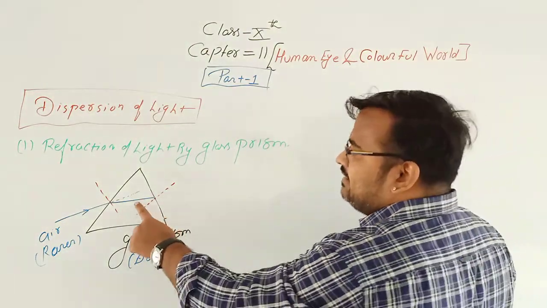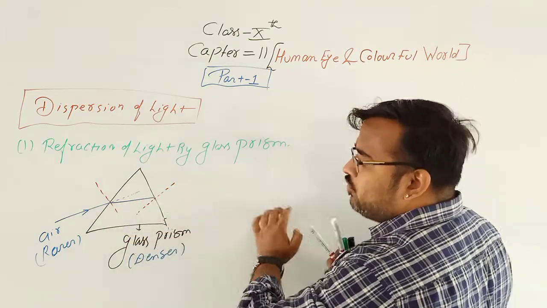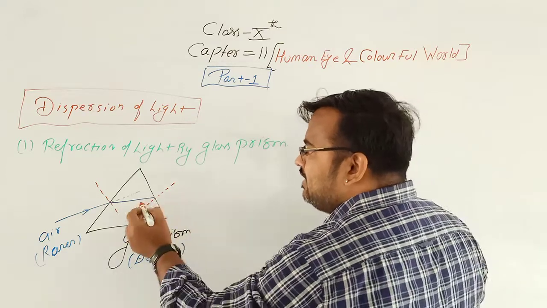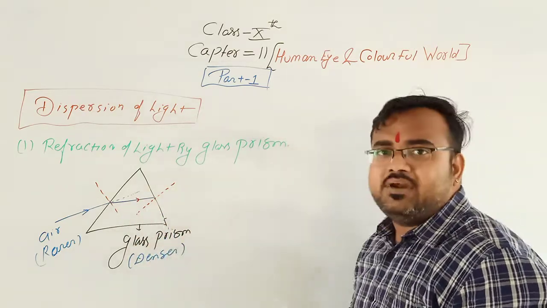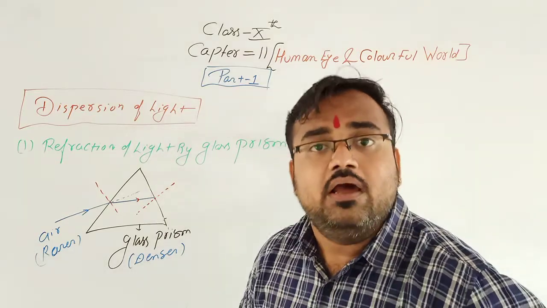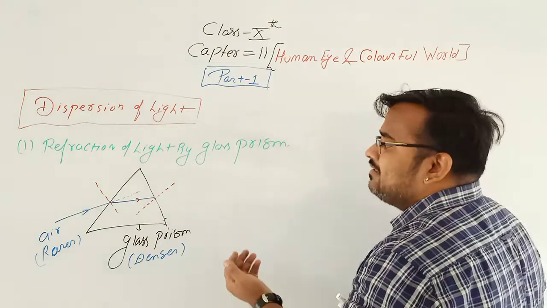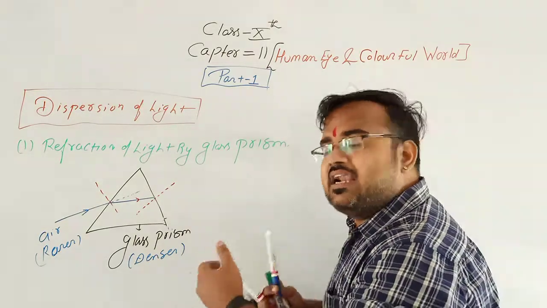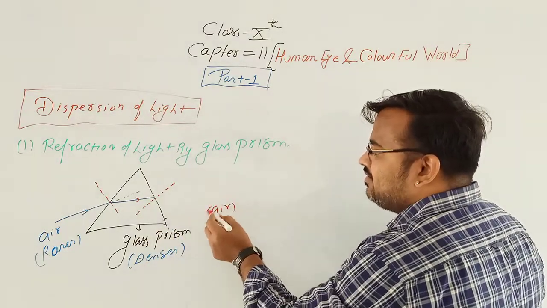Now see, this refracted ray will emerge from denser to rare medium. So according to our second rule, when the emergent ray transfers from denser to rare medium. Why is it rare medium? Here air is present.